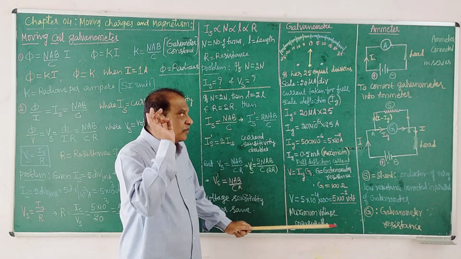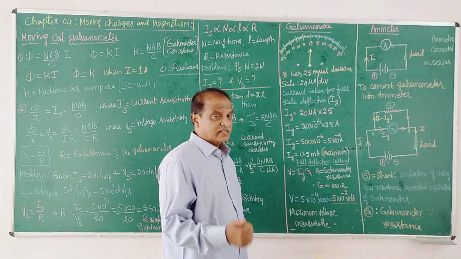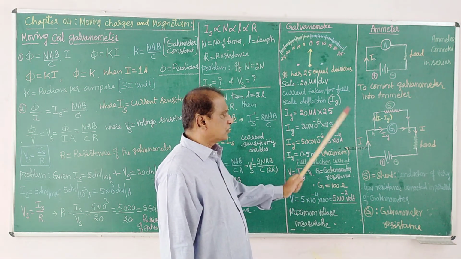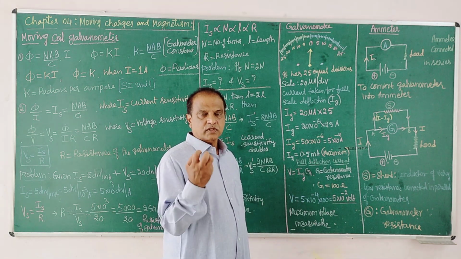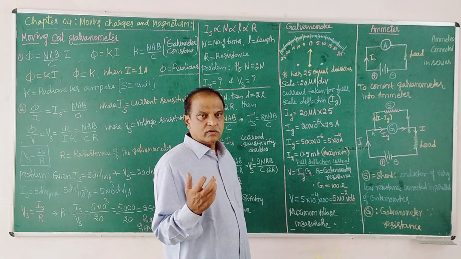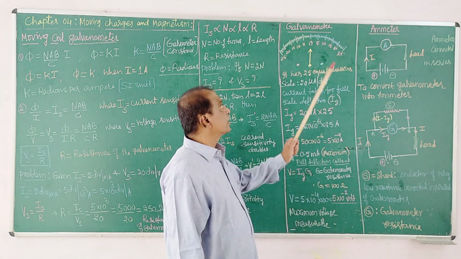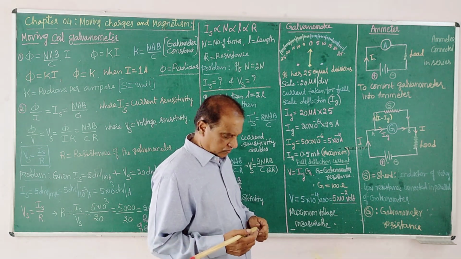The design is very important. Let us see the design and technique in the next session. You can use it as an ammeter or voltmeter to measure even 20 amps, 30 amps, even 100 volt, 250 volt, by designing the circuit without damaging this galvanometer. We will understand that in detail in the next class.